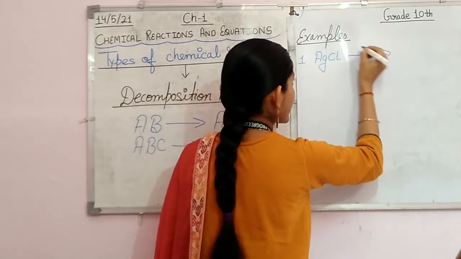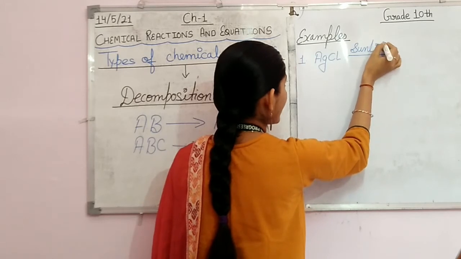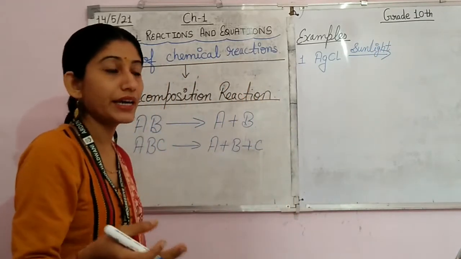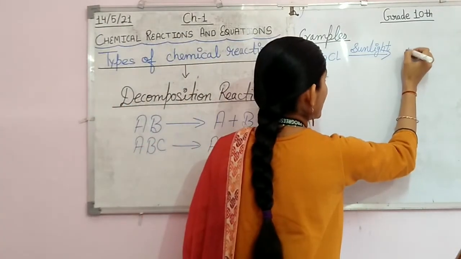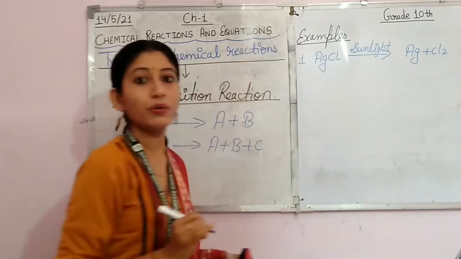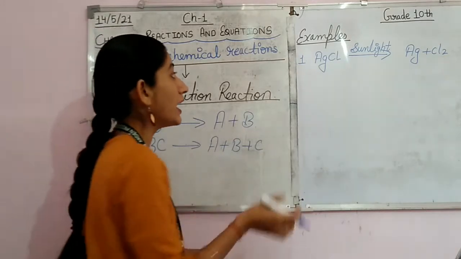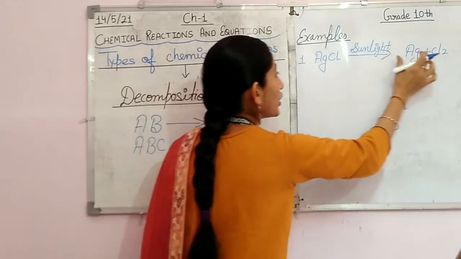When it is kept in the presence of sunlight, silver chloride loses its original property and breaks down into Ag plus Cl2. This is the breakdown of a single compound into two.